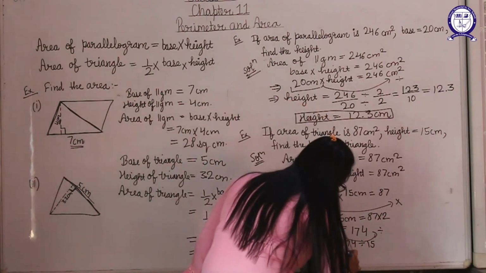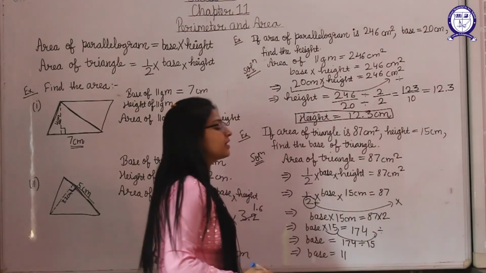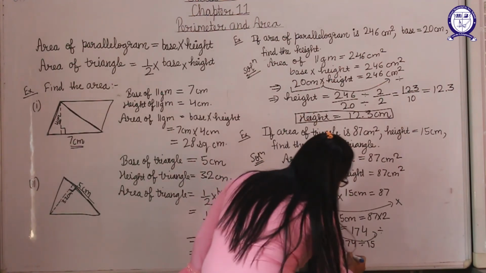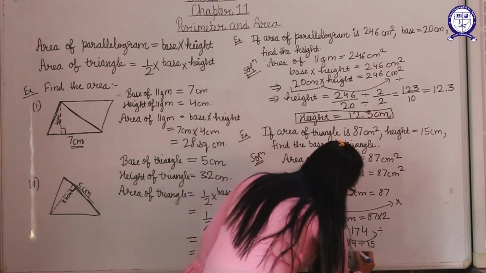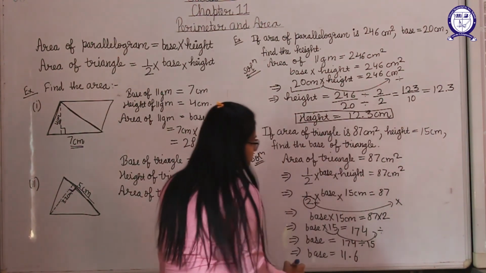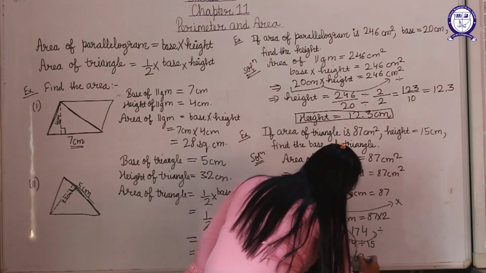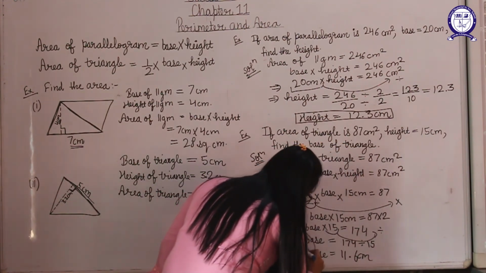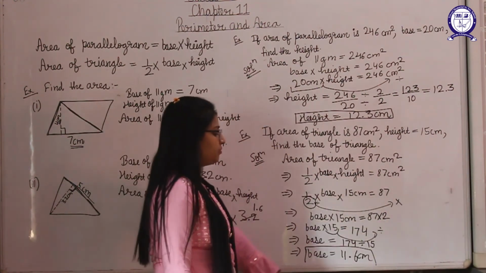Then again 15 ones will be 15. Now 24 minus 15 will become 9, and we will put the decimal. It will become 90. So 15 6s is 90. As the question was in centimeter, so we will write here centimeter. So we get the base as 11.6 centimeter here.